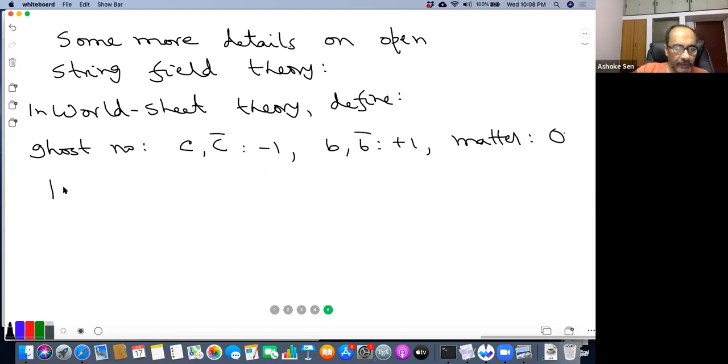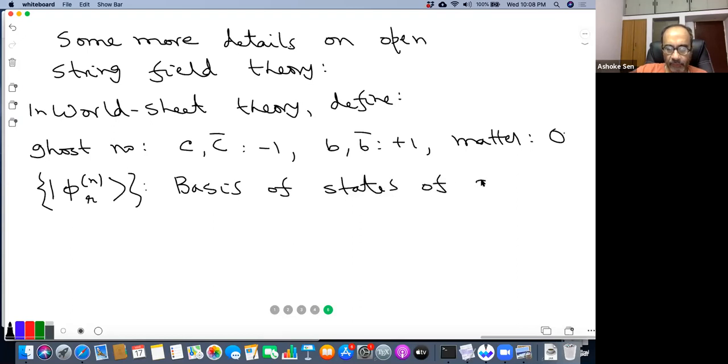And then we denote by phi n r a basis of states of ghost number n.